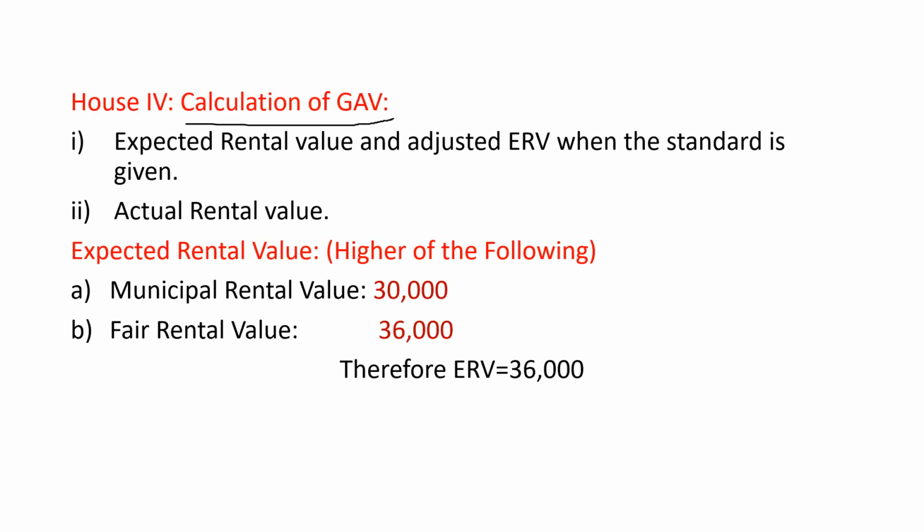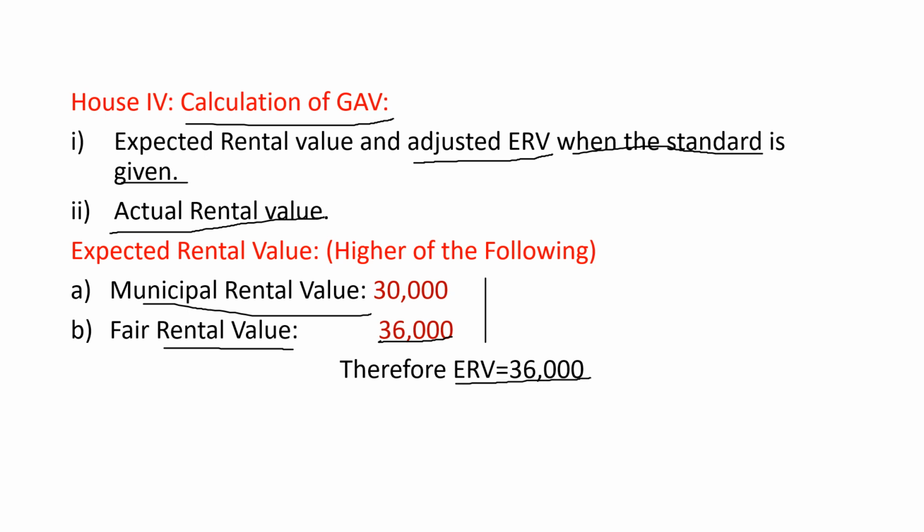Calculation of GAV. Expected rental value and adjusted ERV when standard rent is given. Next, actual rental value. We don't have expected rental value, so we need to find out with the help of municipal rental value as well as fair rental value. So out of these two, higher of the following is considered as expected rental value. Therefore, ERV is 36,000.